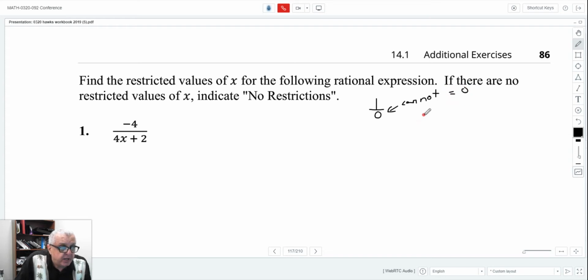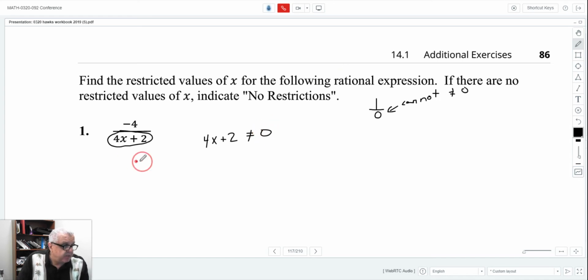So the bottom cannot equal 0. We don't care about the top. We just say the bottom, 4x plus 2, cannot equal 0.